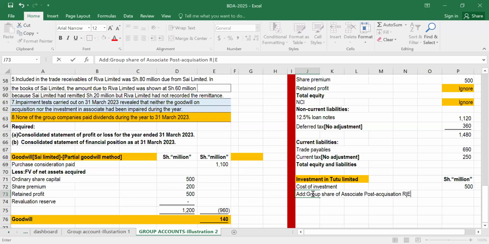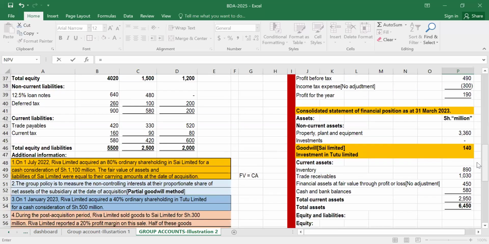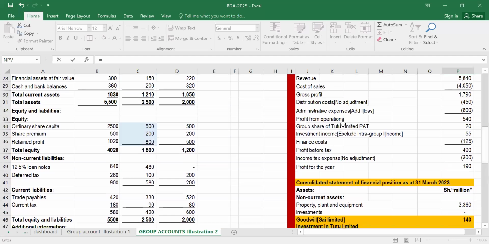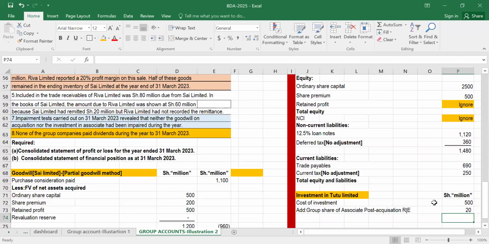Basically, anytime the associate, or actually a joint arrangement, was acquired during the current year, the amount which we have included within the consolidated income statement, this group share of II Limited profit after tax, that's what we include down there, in case our associate was acquired during the current year. So that's what we include down here.